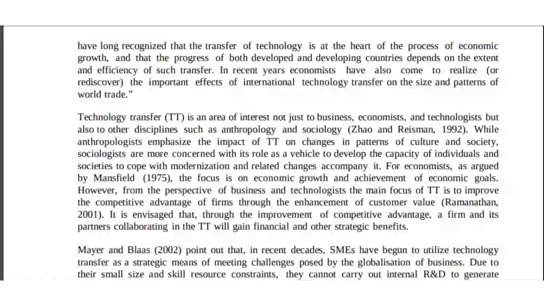Then after independence in the late 40s and 50s, many governments in the newly independent countries showed great interest in acquiring technology for import substitution and often relied heavily on firms from their former colonial rulers to gain access to the technologies needed.